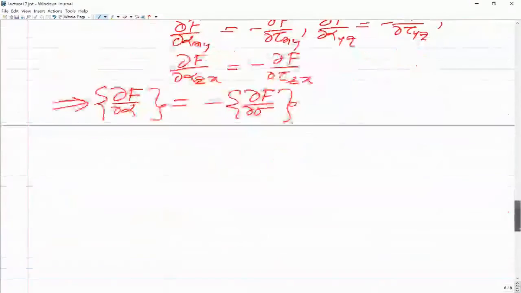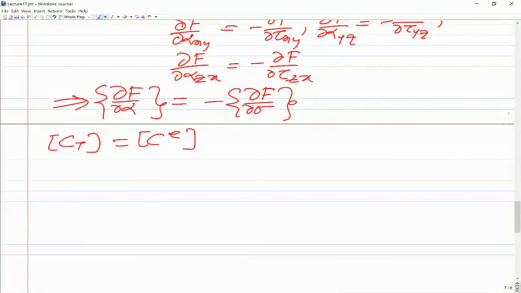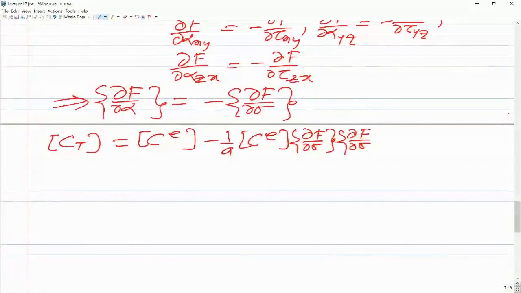So now if you look at the tangent constitutive matrix that is required in the elastoplastic analysis, this tangent constitutive matrix CT would be equal to CE, that's the first term, and minus 1 upon A into CE, and then the first term is del q by del sigma, but q is equal to f for the associative flow rule, so we have del f by del sigma, and then of course del f by del sigma transpose into CE.